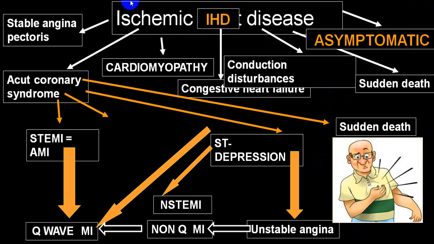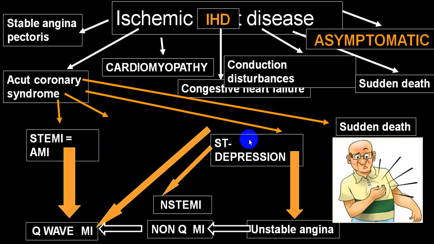So it can be symptomatic or asymptomatic. In symptomatic we divide into two, stable or unstable, that is stable coronary syndrome or acute coronary syndrome. And acute coronary syndrome you can divide into STEMI or ST depression, which we call non-STEMI MI.